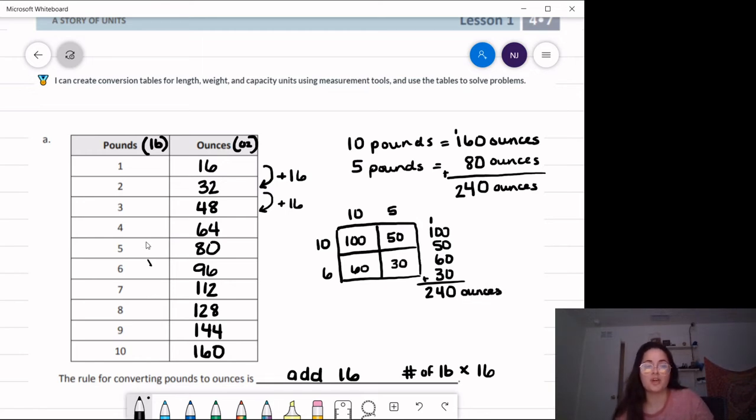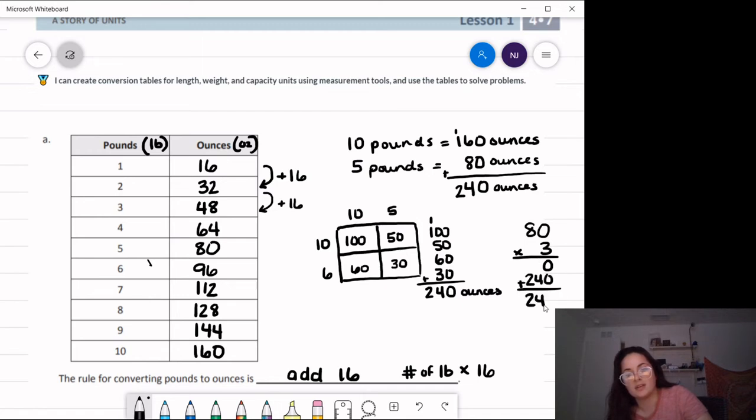The other strategy I said is you could take the amount of ounces in 5 pounds and multiply that times 3. Because 5 times 3 would be 15 pounds, so 80 times 3 should give you that amount of ounces. 3 times 0 is 0. 80, because the 8's in the tens place, times 3 is 240.